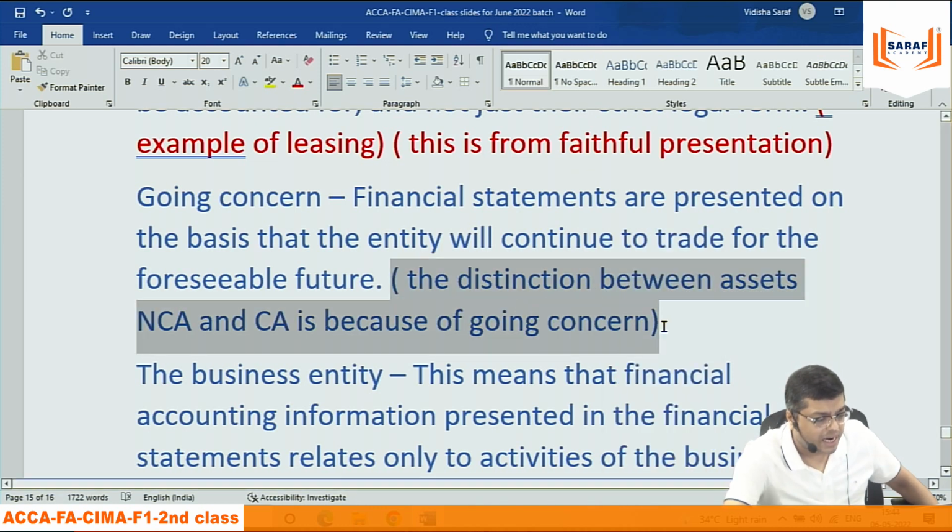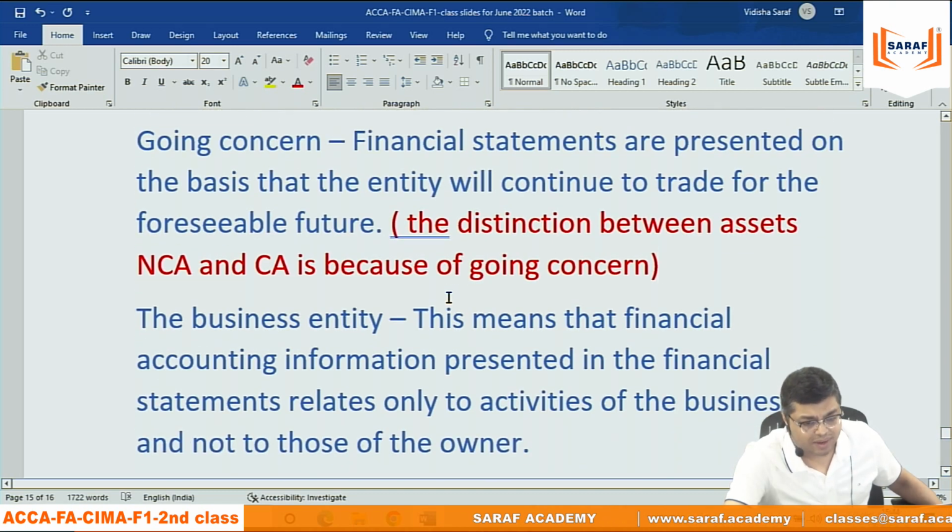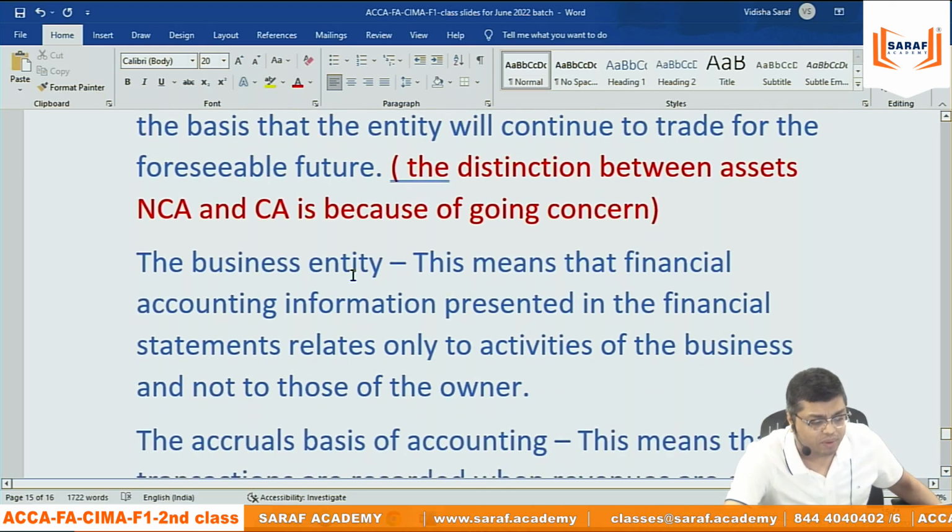A business starts, will never end. It will continue forever. Financial statements are presented on the basis that the going concern is valid. That means you have two types of assets. But when the going concern is no longer valid, all assets are current assets. All are going to be disposed.